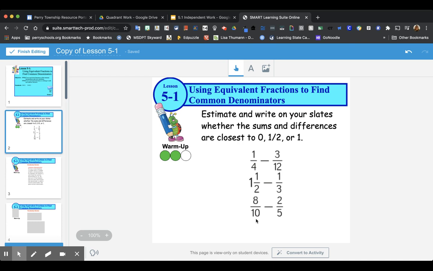When I'm looking at 8/10, I could round it up to 1. I see that it only needs 2/10 more to get to 1. So I would have 1 minus 1/2, because 2/5 is close to 2/4, which is 1/2. So I know here I'm going to take 1 minus 1/2, and so my estimation is going to be 1/2.